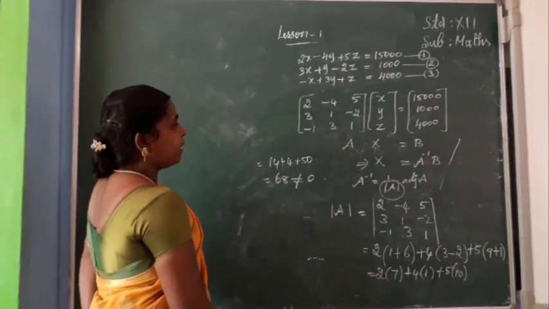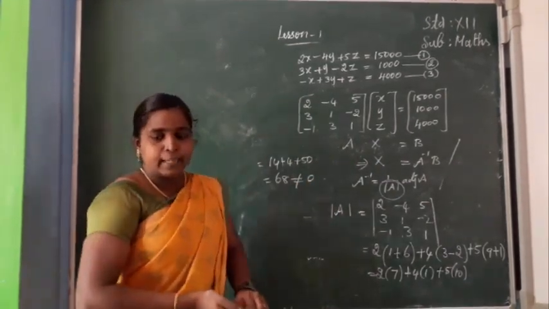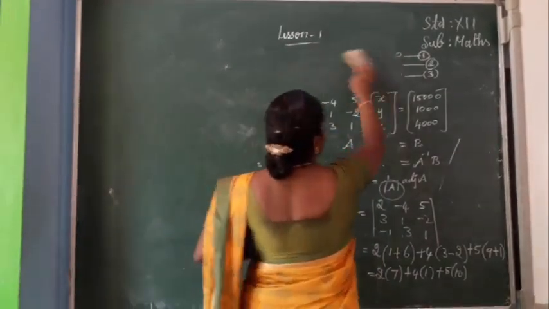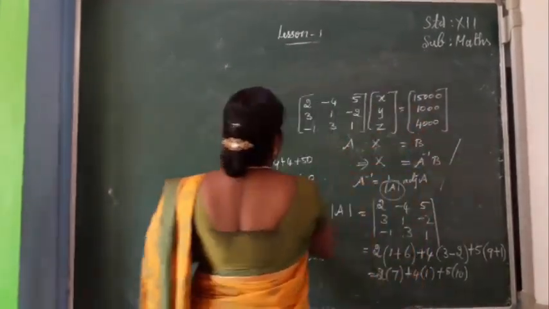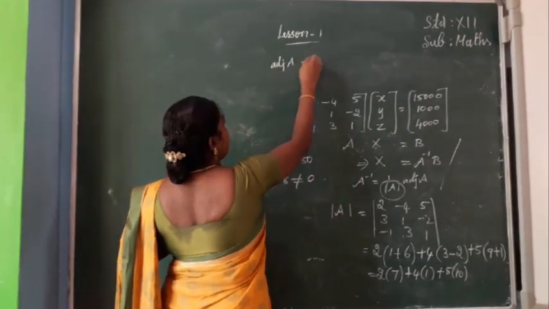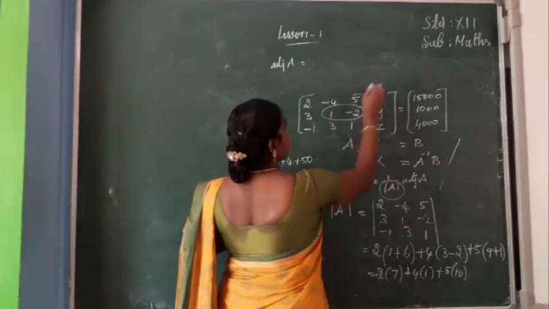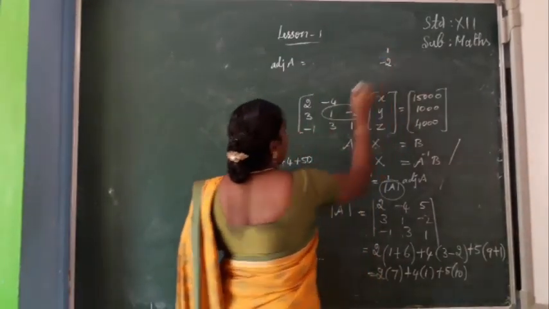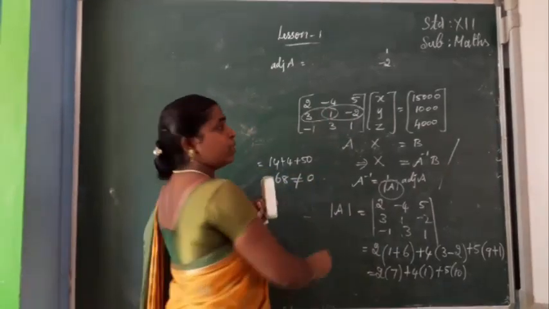Since it is not equal to 0, we can find the adjoint. To find the adjoint A, first the rough calculation: write the rows 1, minus 2 and then again the first two elements 3 and 1.